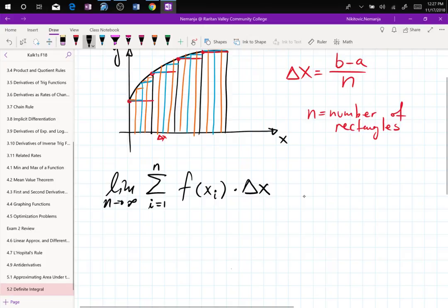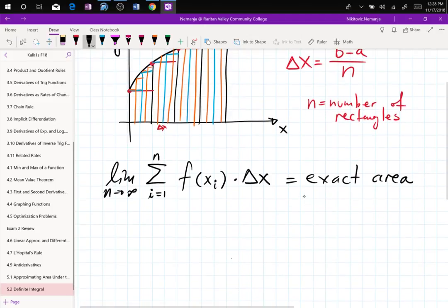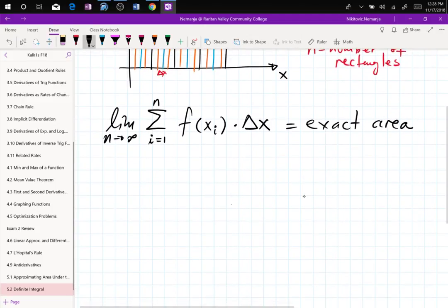And as soon as you have a finite amount of rectangles, you are immediately creating error. So this is equal to exact area. Now, the formula uses, it's not using x i, it's using c i, the letter c instead of f of x, f of c.